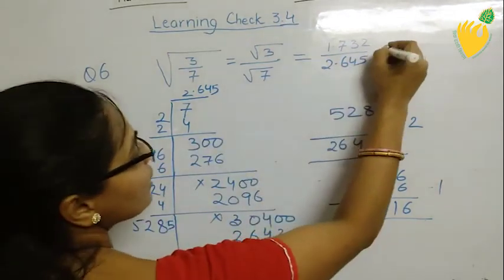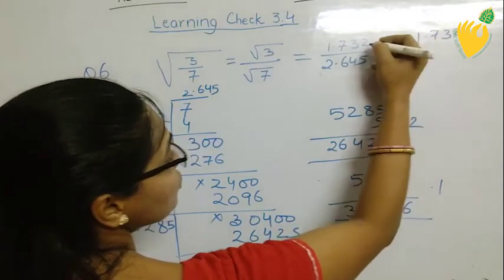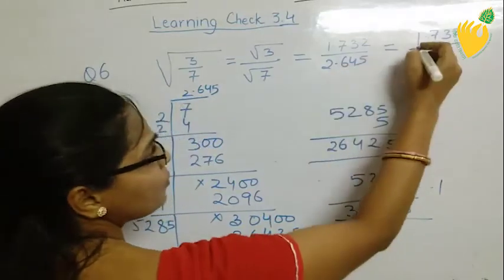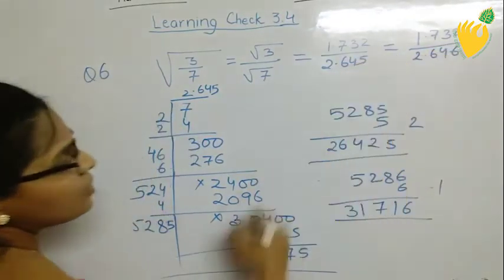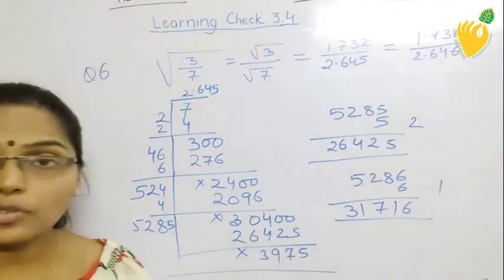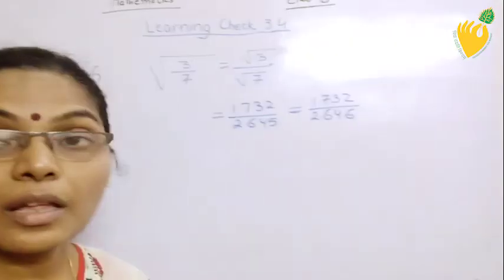2.645. You can round off this digit to 1.732 because 2 is less than 5, so you can write it as it is. And you can write this as 2.646 because this digit is 5, so you can round it off. Now what you have to do, students, is divide to get a proper answer.